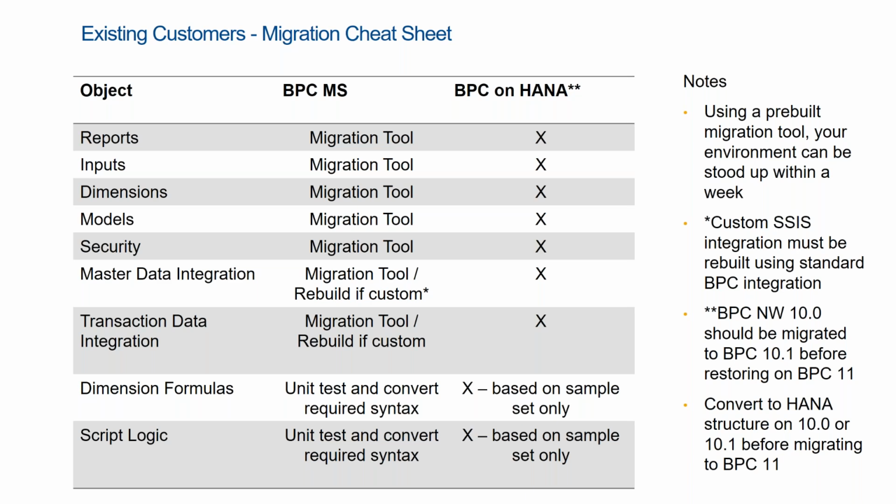But yeah, your reports, your inputs, your dimensions, your model security, master data integration, transactional data integration, that's actually a little bit of an error on my part. That does change. It simplifies. If you didn't build your transactional data integration highly customized, if you utilize standard BPC functionality looking at your underlying info providers, then it really should move over.